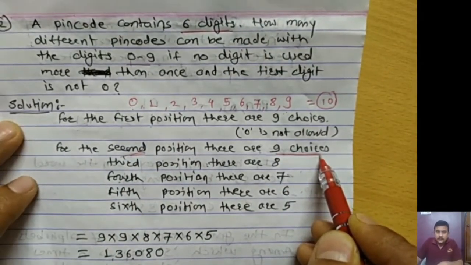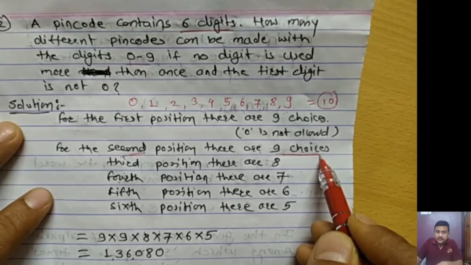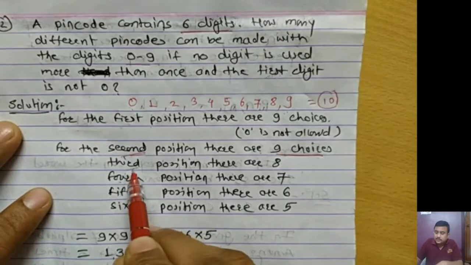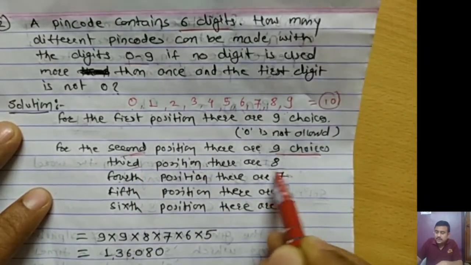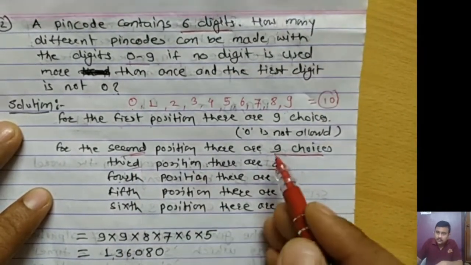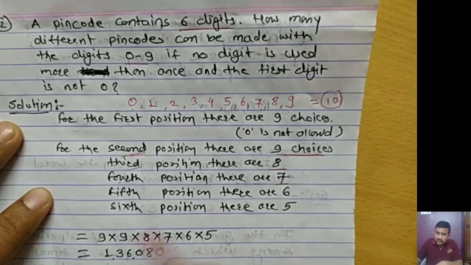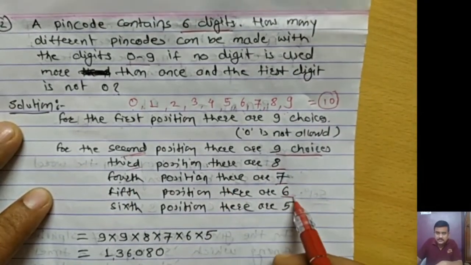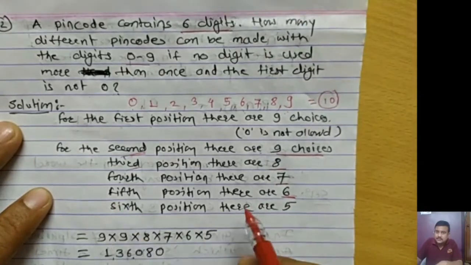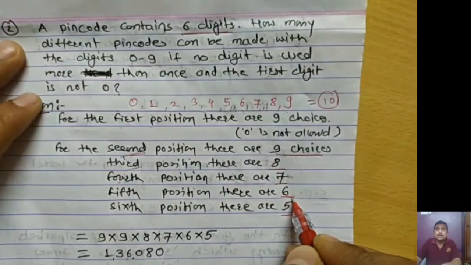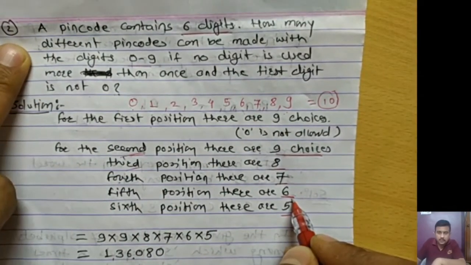Now among the 6 digits we have already used 2 digits. For the next 4 digits, for the third position we have 8 choices. For the fourth position we have 7 digits. For the fifth position we have 6 digits, and for the sixth position we have 5 digits. It is just because we cannot use a digit which is already used.